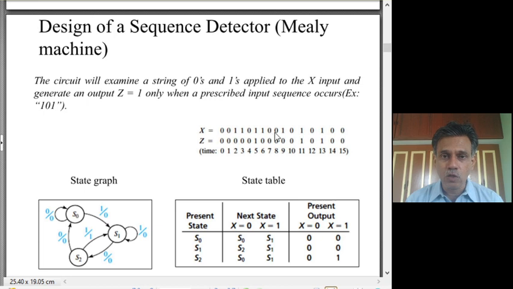Next, if you look at this one, we have a 1, a possible first bit, followed by a 0, a possible second bit, and then a 1, which means yes, we have an input sequence 101, and at the same time when the last 1 has occurred, we output a 1. Until that time, these are all zeros.